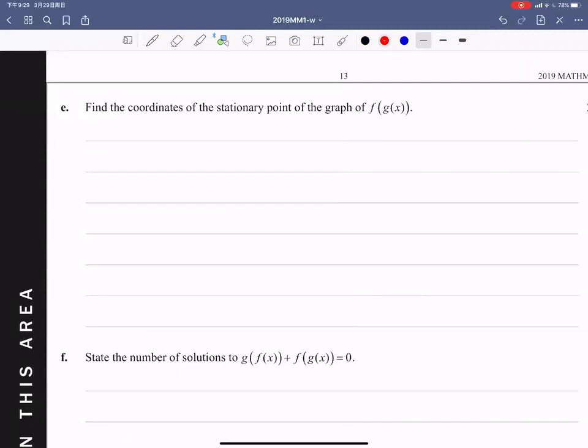Find the coordinates of the stationary point of the graph fg of x. So, I know let y2 equals fg of x, which is 3 plus 2e^x minus e^(2x).